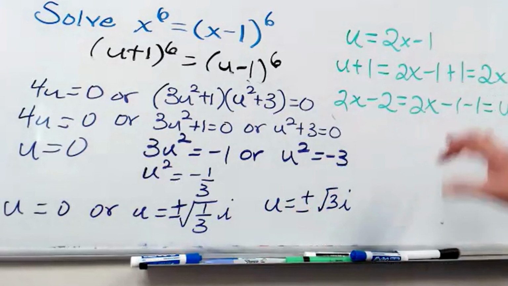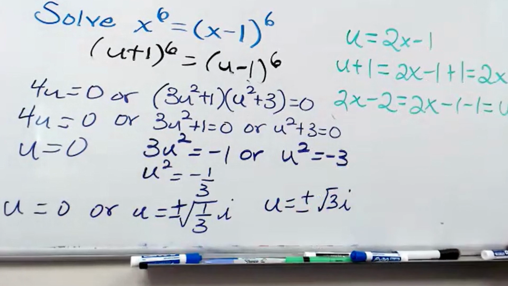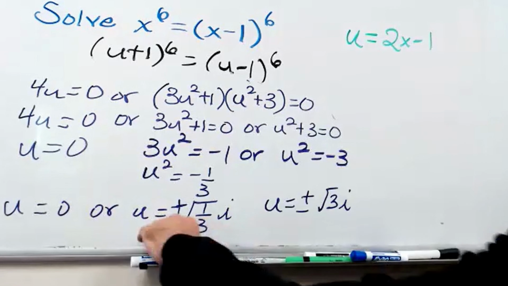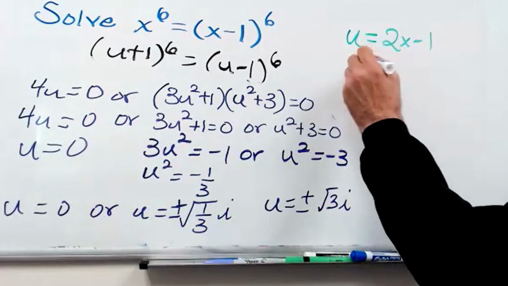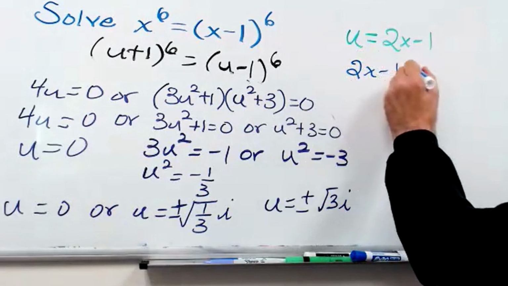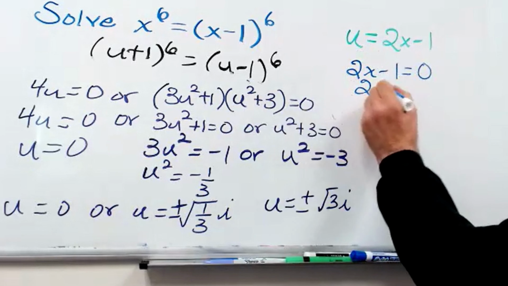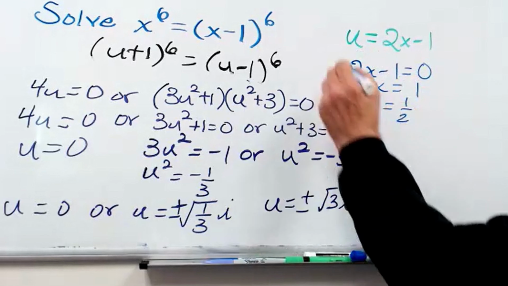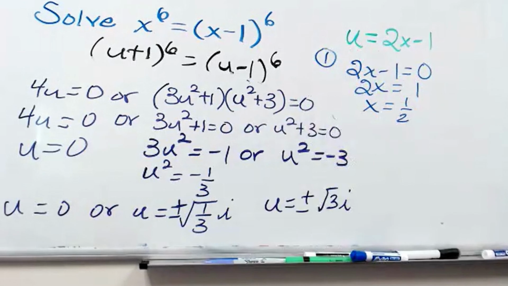So let's go back to the fact that u is equal to 2x minus 1. 2x minus 1 equals 0 gives us that x equals 1/2 is one real solution to this.